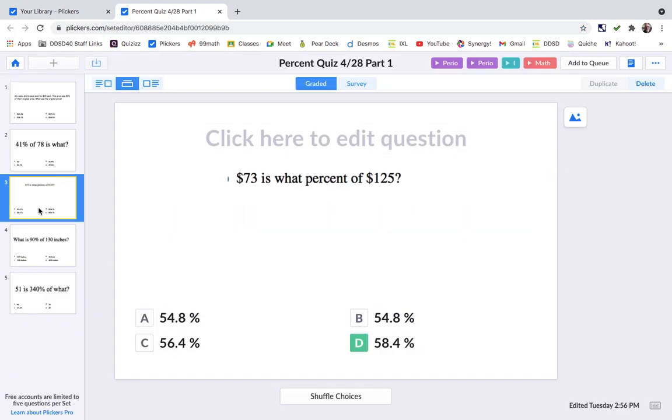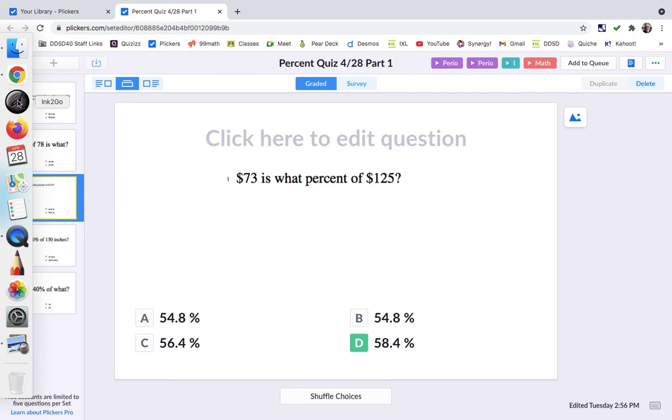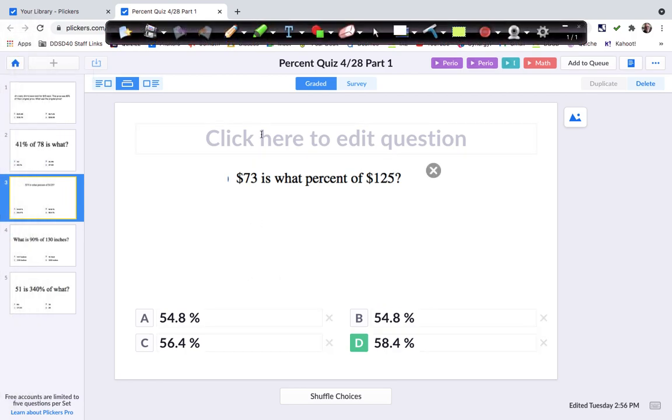And okay, so 73 is what percent of 125? It's the one that we missed here. All right. 73 is what percent? I feel like we did this one. Let's check. We did.